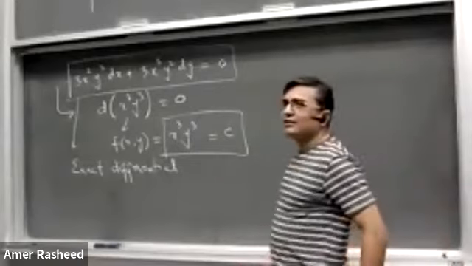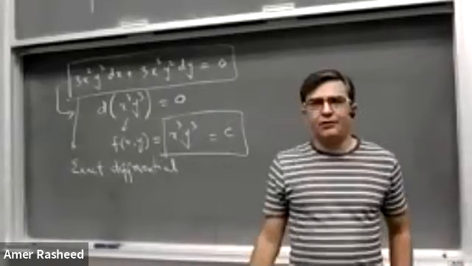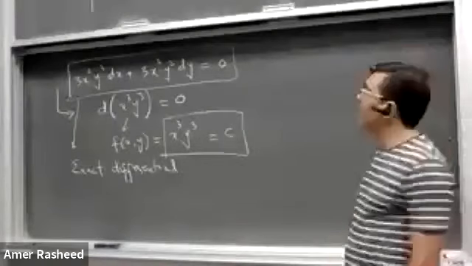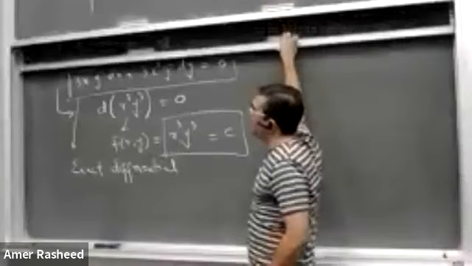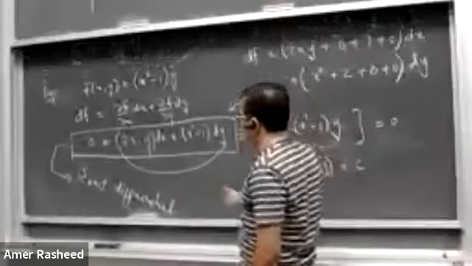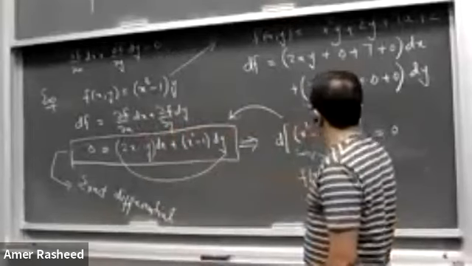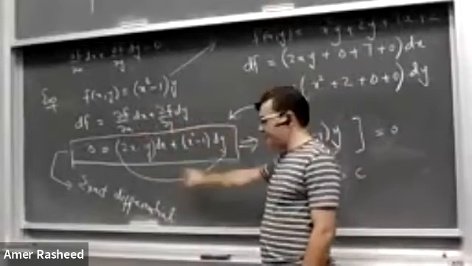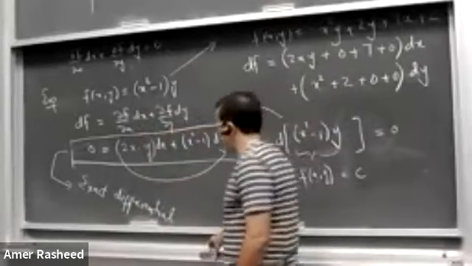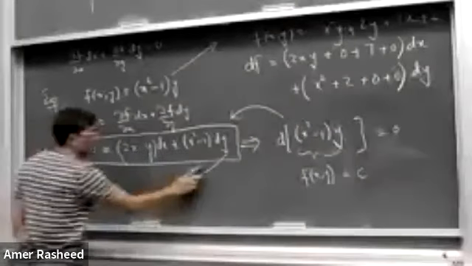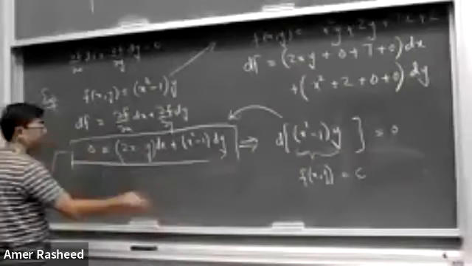So exact differentials also give us first order differential equations. For example, if we have this differential, we can find a first order differential equation out of this. How can we find it? We just have to separate dy by dx.